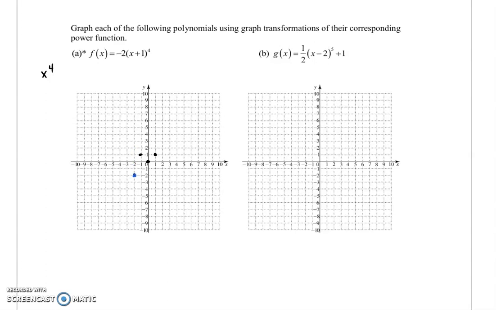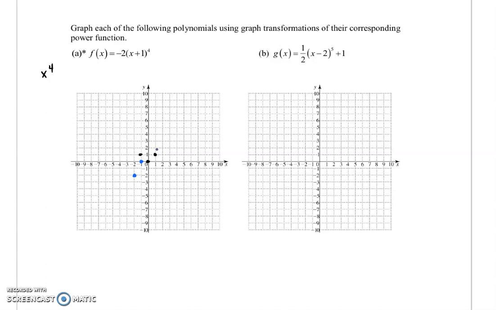So it goes to negative 2. The 0, 0, we move it left 1. The y value is still 0, so 0 multiplied by 2 is 0. And then when we reflect across the x-axis, it doesn't move because it's on the x-axis.